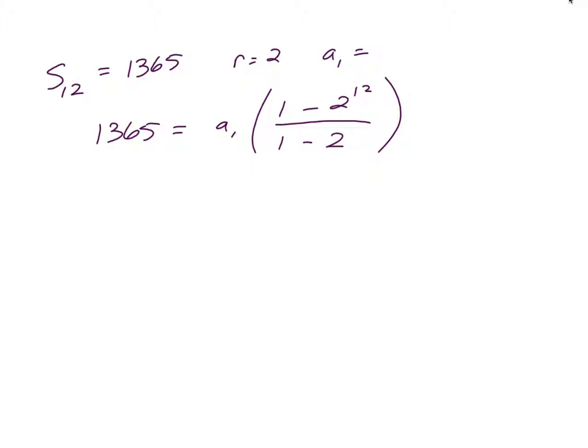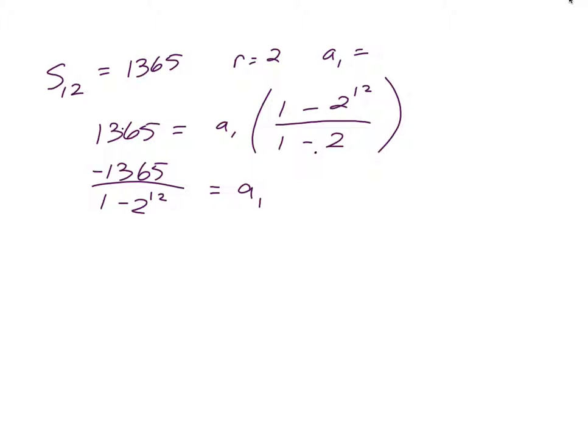Can we just divide? Yes, you can do that. Obviously 1 minus 2 is negative 1, so this makes it negative 1365 divided by 1 minus 2 to the 12, and that's going to give me a sub 1.